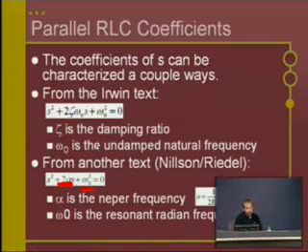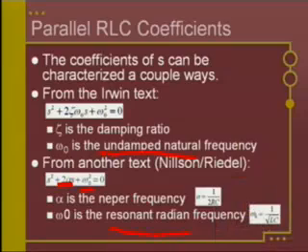The last term is the same. They give it a slightly different name, the resonant radian frequency instead of the undamped natural frequency. It's the same thing, but instead of dealing with zeta, we're going to deal with 2 times alpha.